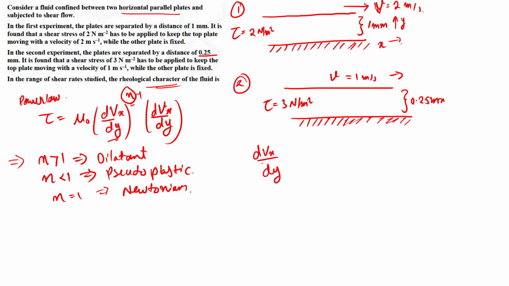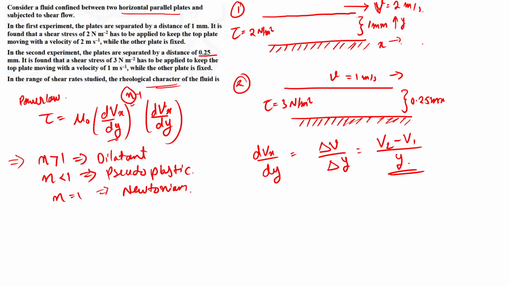So let's just consider this dy is very small, so we can write this derivative as delta v upon delta y. That is, we can write v2 minus v1 upon delta y, which is basically this distance, so you can just write it as y. So we will be using this.